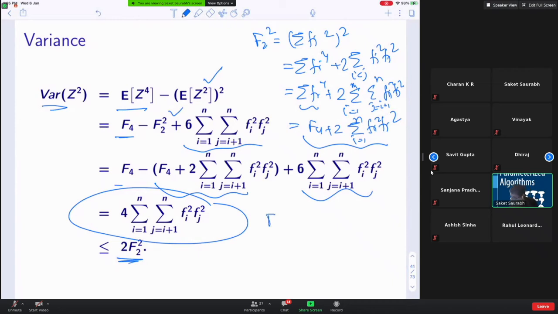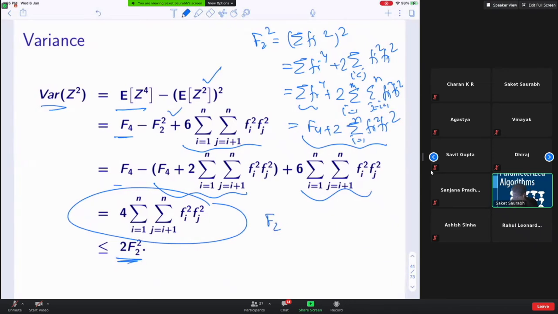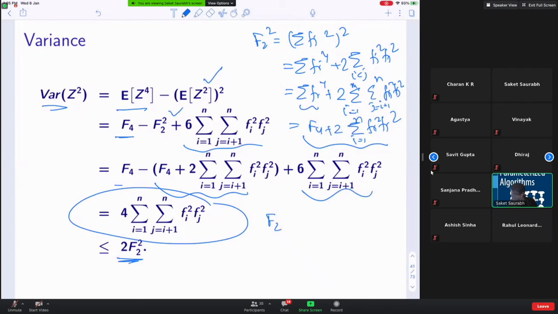Because what was f2 whole square? It is nothing but this term, like you see here, plus something, right? So this can only be smaller than f2 whole square. So this is all that it is, nothing happening. But the point to notice is: what are we able to show? The variance of z square is at most how much? 2 times f2 square. Is it good for us?